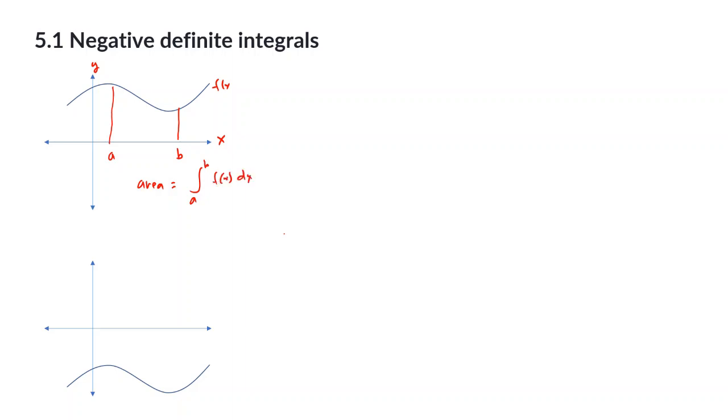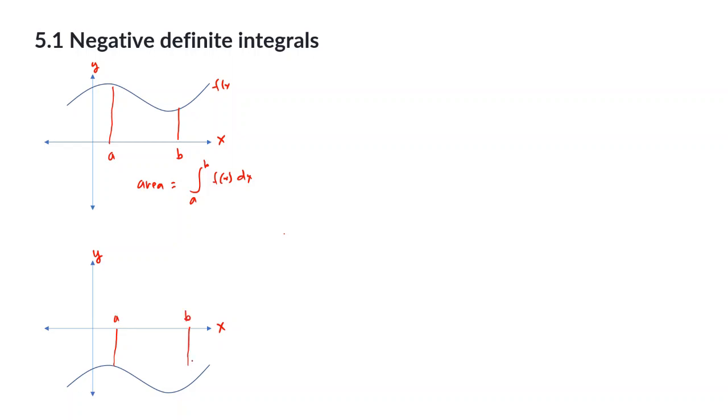So the question is, what will be the area if you have the curve below y equal to 0? In this case, for example, this is the x axis, this is the y axis, and you have a here and you have b.